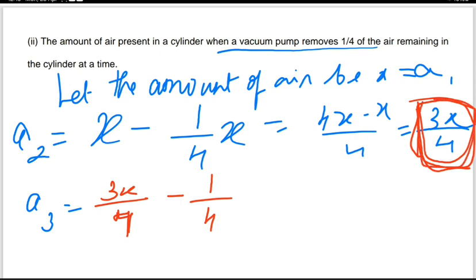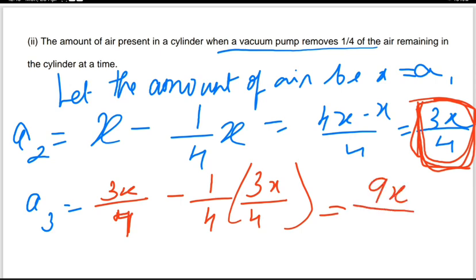At first the total air in the cylinder is x, as we assumed. After removing 1/4, the remainder is 3x by 4. So instead of x you should put 3x by 4, and if you simplify that we get 9x by 16.